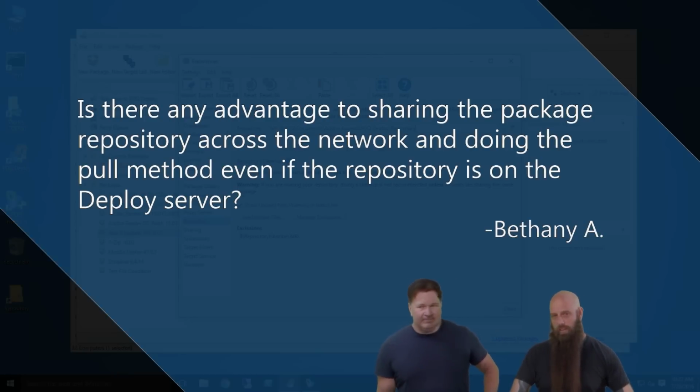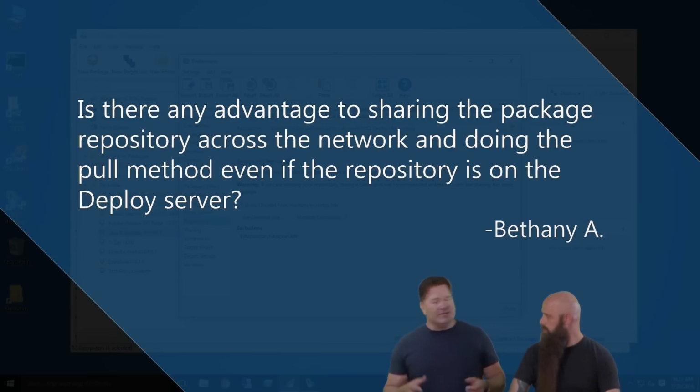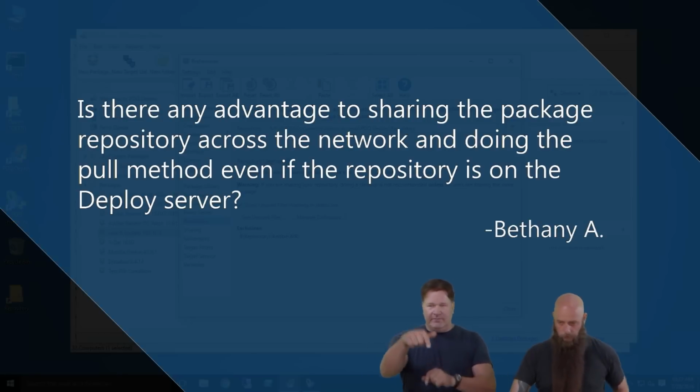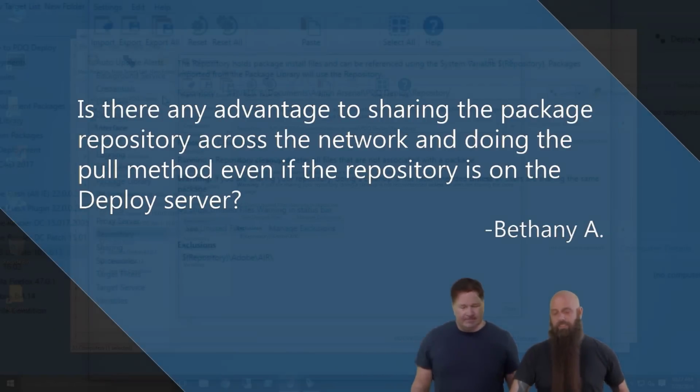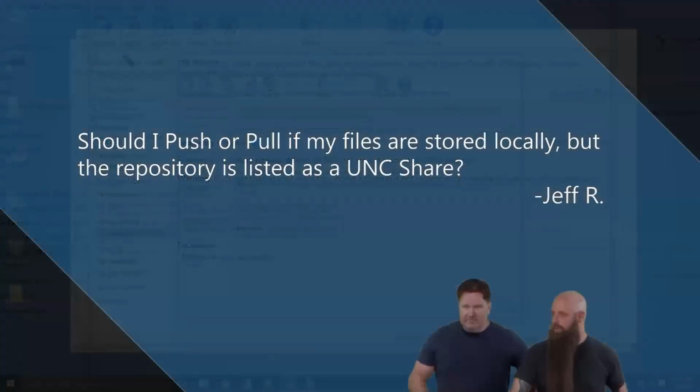That's what they're going to need. Again, if you're sharing the repository with other consoles, put it on a file share. It's just best practice that way. So then everybody can point to the one file share, if they share the same repository. That's true. Not everybody does. A lot of people keep their own repositories, make them shared, and then they can share certain packages from them.